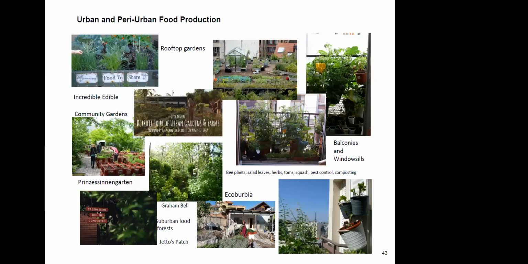So the one in the middle is the balcony I had in 2014, I think it was, 13 maybe, in Brussels, which was extremely productive. And what you can do, then, instead of going all the way to the garden, is you can just pluck a few things, all of those leaves, and just chuck them in a salad for lunch.